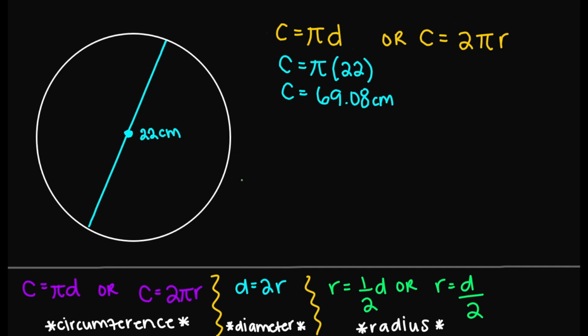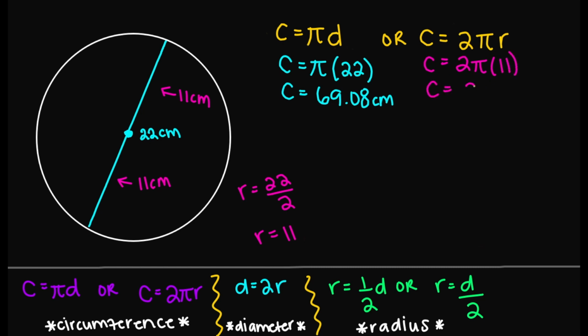If my diameter is 22 centimeters, then my radius is going to be 22 divided by 2, your diameter divided by 2, this is going to equal 11. So your radius here is going to be 11 centimeters, and then your radius here on this side is also going to be 11 centimeters. So if I plug it in, c equals 2 pi times 11, that's your radius. 2 times 11, this is going to equal 22.